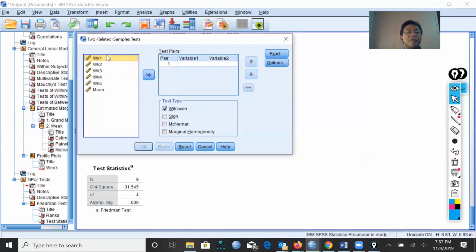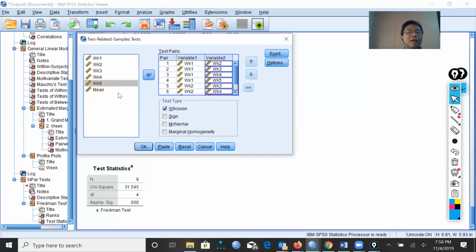So this is Wilcoxon. So week 1, week 2, week 1 to week 3, okay. Week 1 to week 4, week 1 to week 5, all right? And then week 2 to week 3, week 2 to week 4, week 2 to week 5, okay?